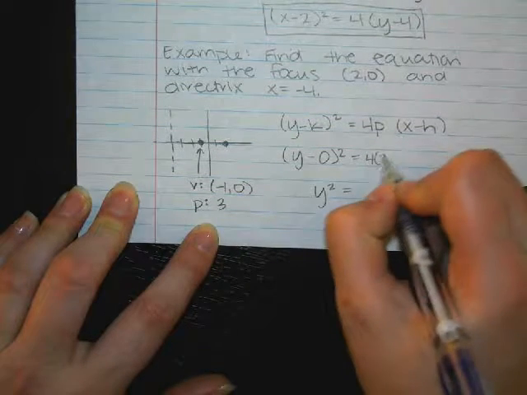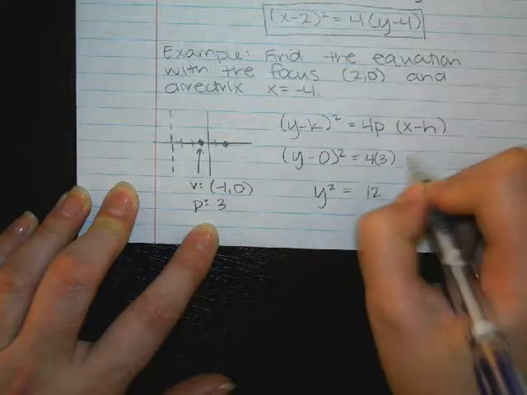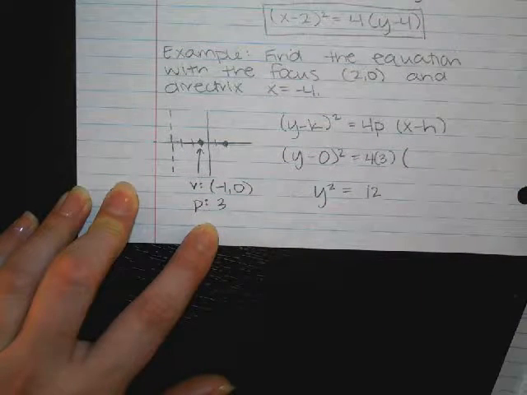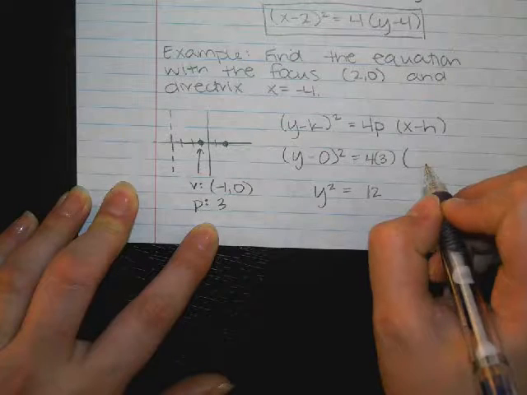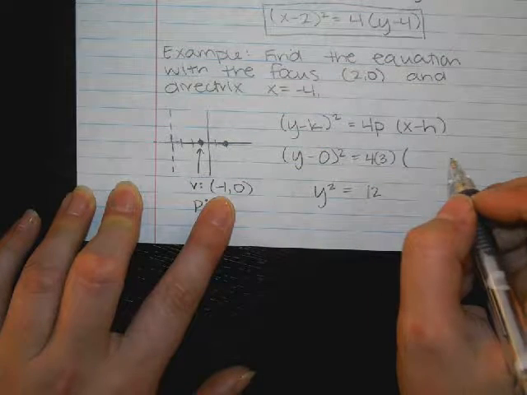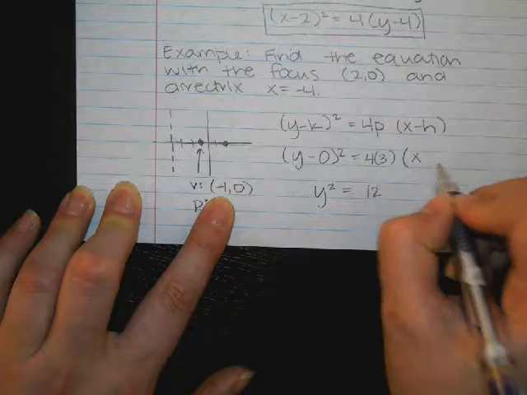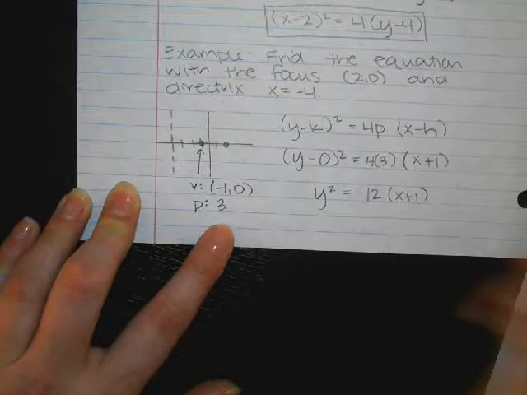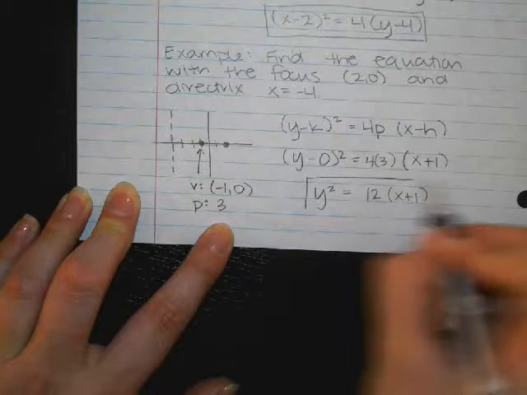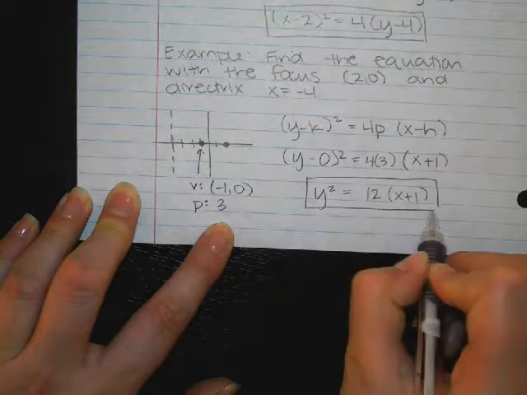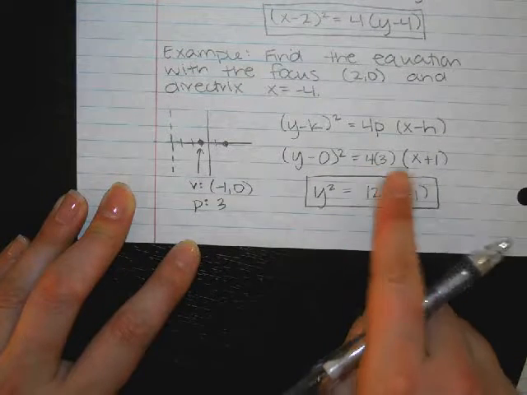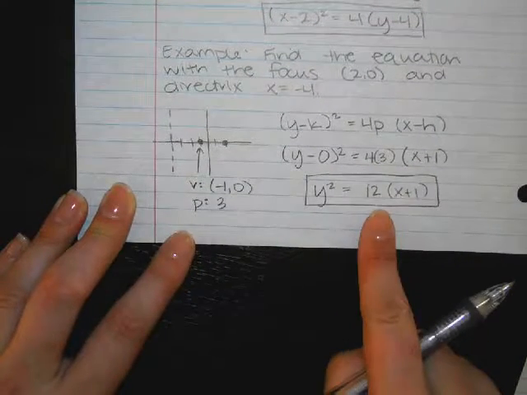Yep, 4 times 3 is 12, times x minus h. The h value is -1, so x plus 1. So there's our equation right there. This is me showing my work to write the equation, and then this is after I simplified it.